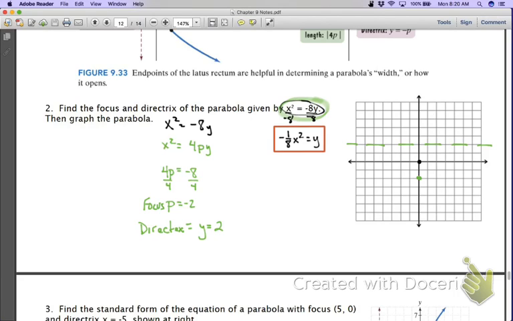Now, what's the distance all the way across? Or really, it's basically giving me another point. If it is negative 8, then that means all the way across is going to be a distance of 8.